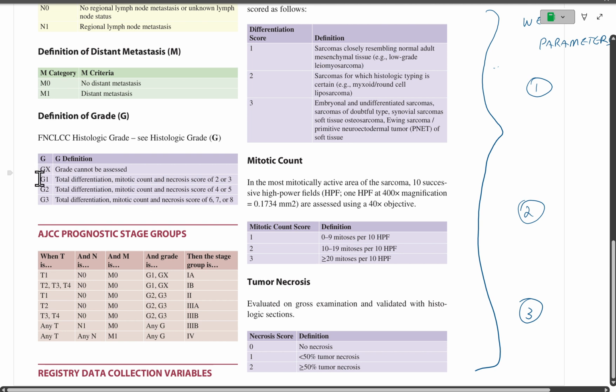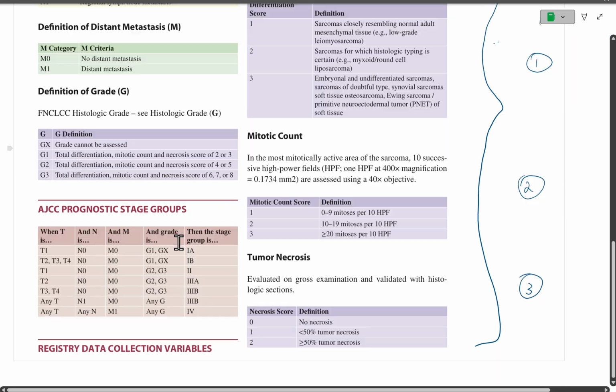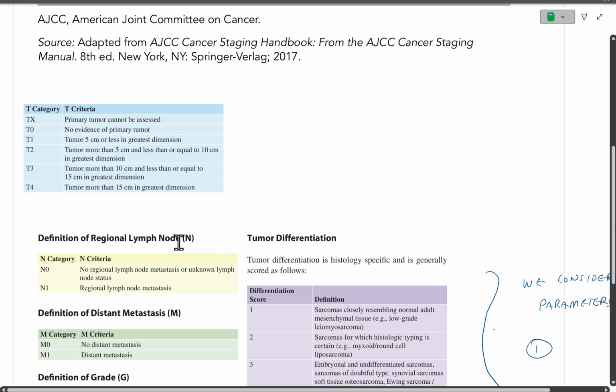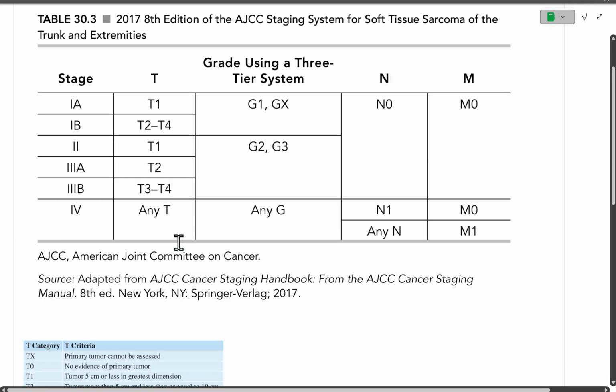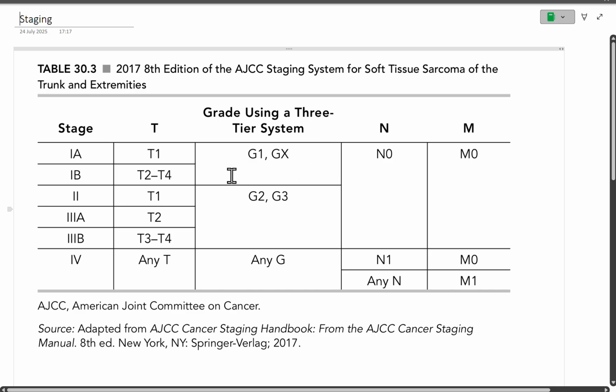So if it is a low total differentiation, mitotic and necrosis score, it would be grade 1. If it is a high total differentiation, mitosis and necrosis score of 6, 7, 8, it would be grade 3. And a total differentiation, mitotic and necrosis score of 4 and 5 would be grade 2. So with all of that, we use a three-tier grading system for soft tissue sarcomas.